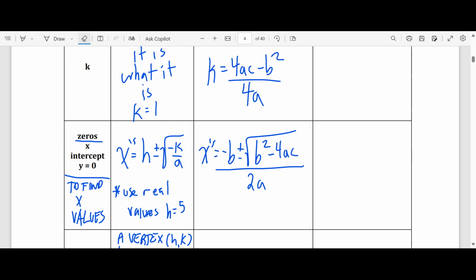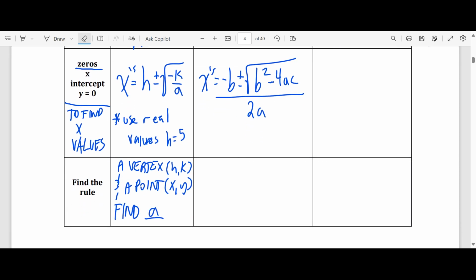So, when it comes to finding the rule in this case, it's rare. They do it, but it basically would mean you would need most of the rule and a point.